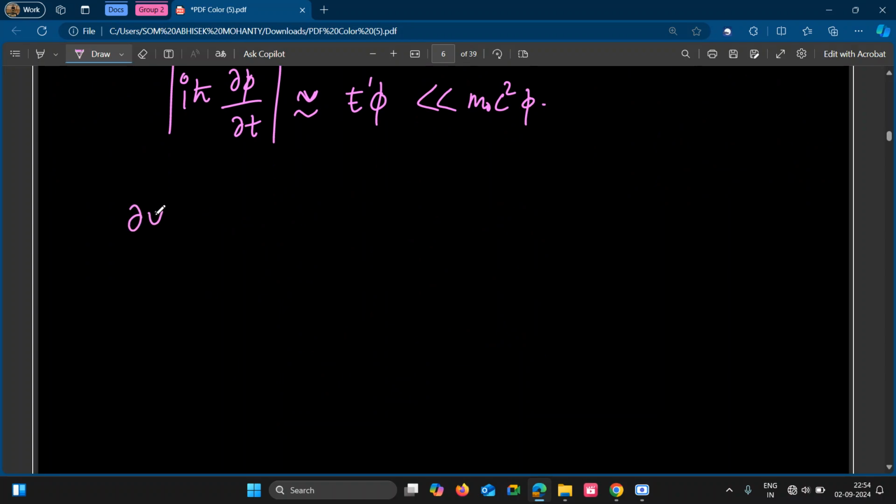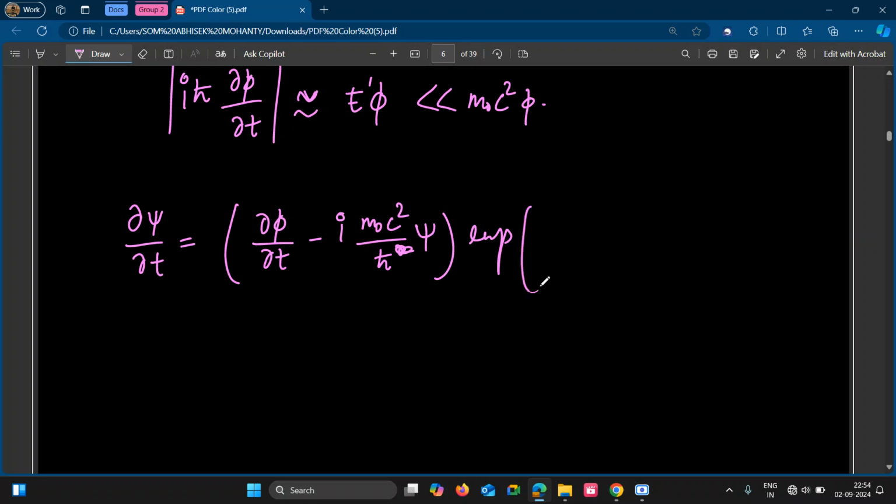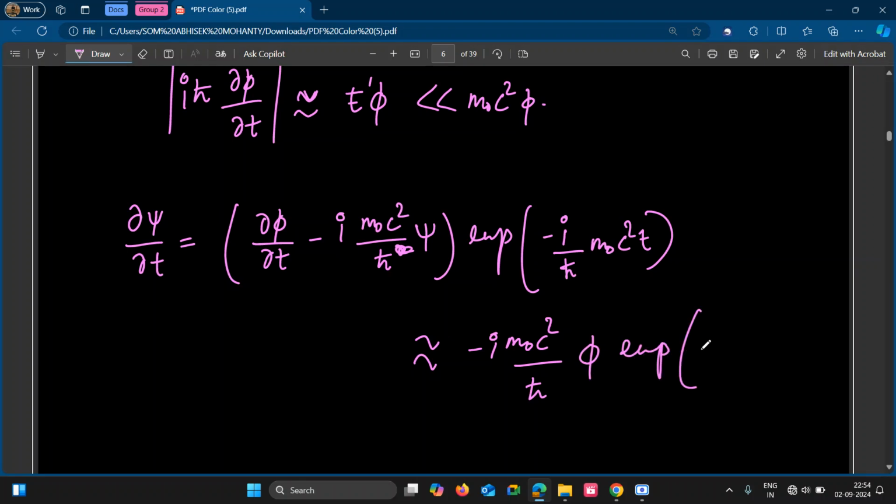Let's write del psi by del t equal to del phi by del t minus i m naught c square by h cut phi, times the exponential. I'll just expand it and put in the values. It will be approximately equal to minus i m naught c square by h cut phi exponential minus i by h cut m naught c square t. You have to do it on your own. Don't just copy and paste. Only if you do it will you understand it.